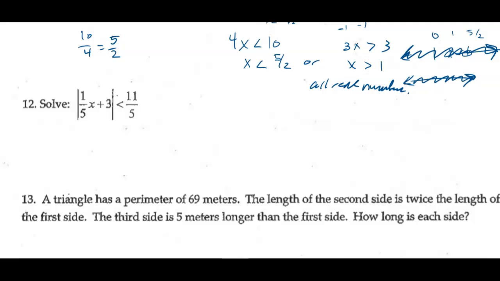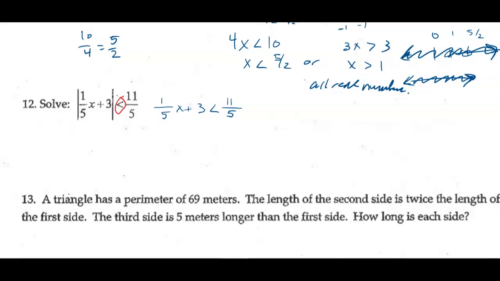Absolute value inequality. So just like the equation, you set it up first without the absolute value, exactly as it is. And then here's a little trick. This becomes an inequality with the word or, or it becomes an inequality with the word and. It all depends on this sign right here.